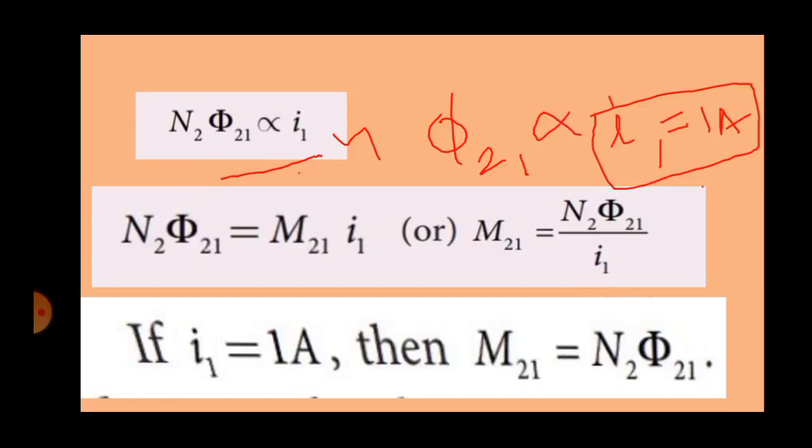So this is the mutual inductance. Once again, the mutual inductance M21 is defined as the magnetic flux linked with coil 2 when 1 ampere current flows through coil C1, coil 1, that is called the primary coil.